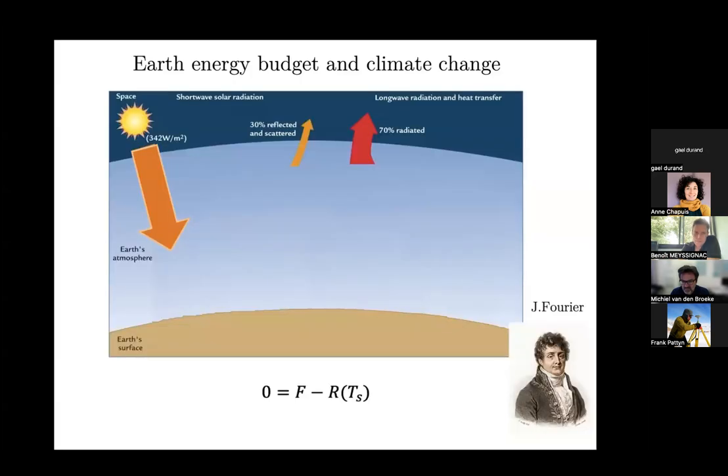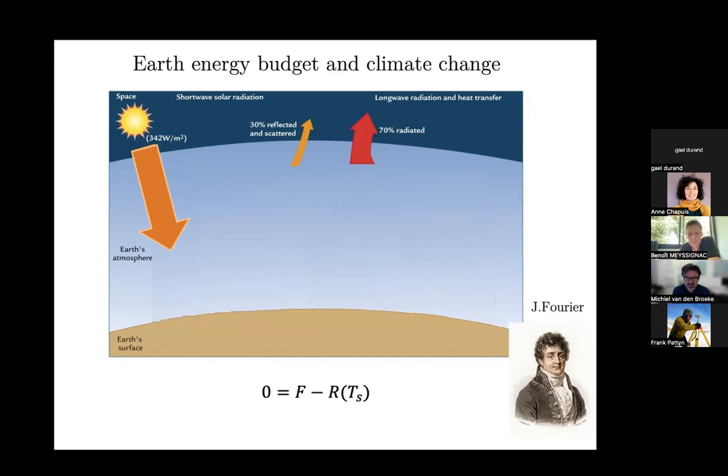So the energy cycle, as you all know, this concept has been introduced by Joseph Fourier in the mid-19th century. Joseph Fourier was the first to explain that the Earth received its energy from the sun, and when this energy entered the system, it warmed the surface and the atmosphere, and then it's radiated back to space. 30% is directly reflected, it's visible energy, and 70% is radiated in the form of infrared radiation.